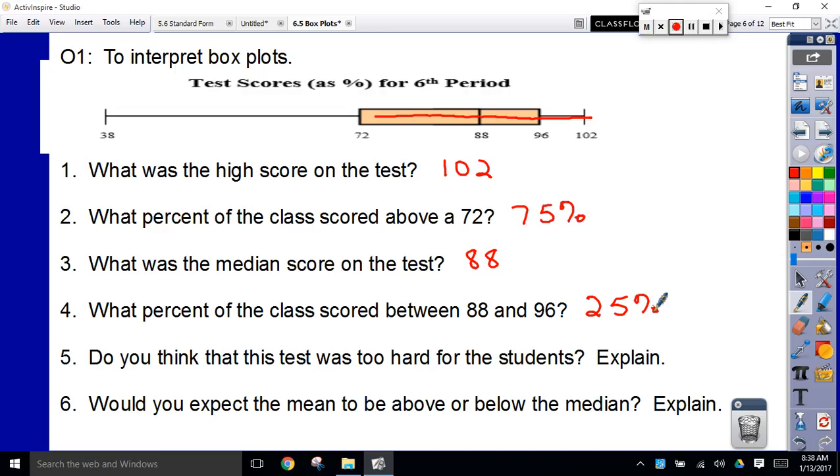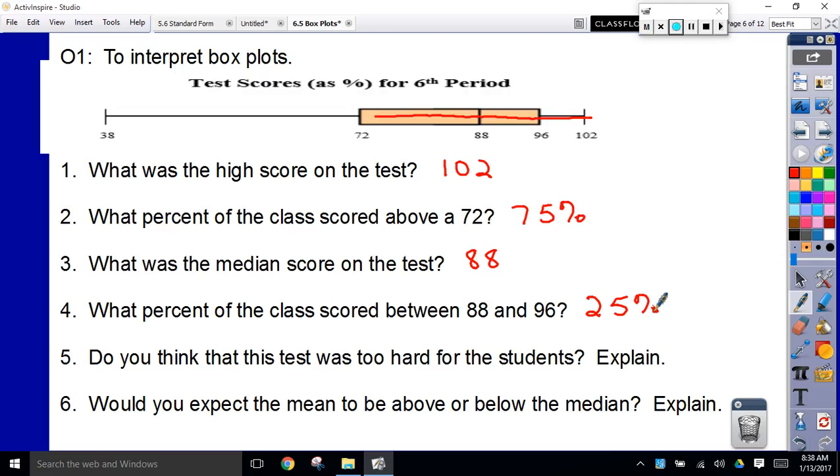Would you expect the mean to be above or below the median? This is kind of an interesting question. Olivia? I think it would be below. Why? Because there's an outlier. Yeah, good.